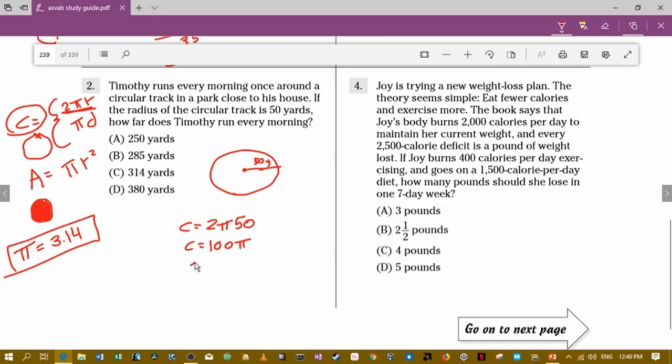So let's go ahead and rewrite this with pi. So this is 100 times 3.14. Now you could work this out by doing 100 times 3.14. That's the tedious way to do things when you have a whole number like 100. Instead, this is how you can do it.